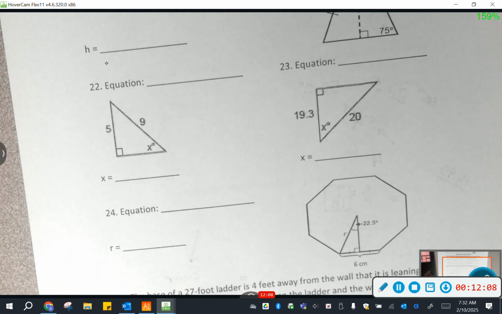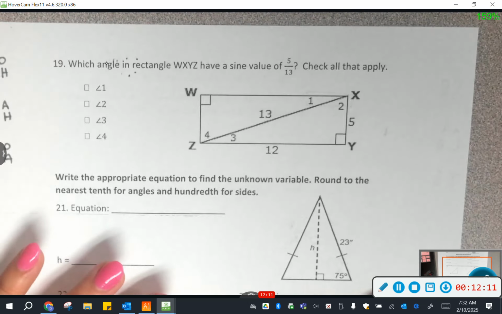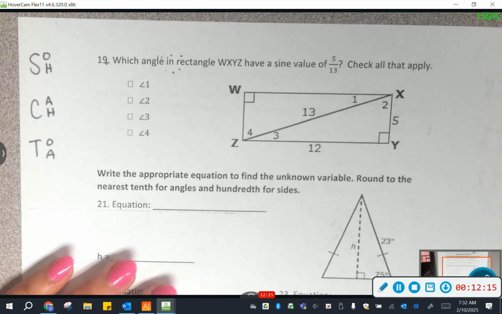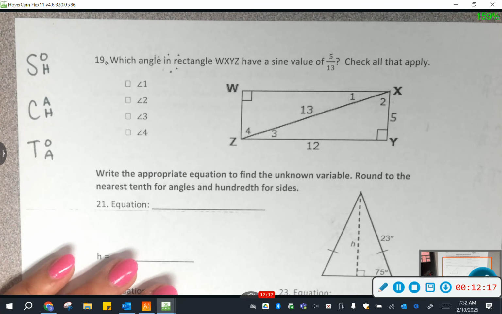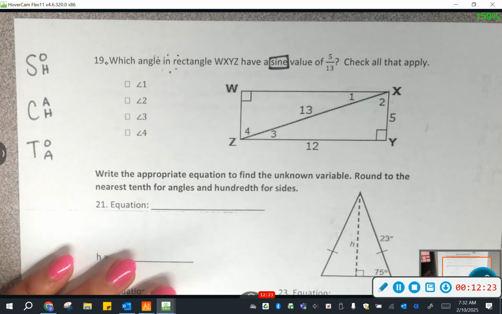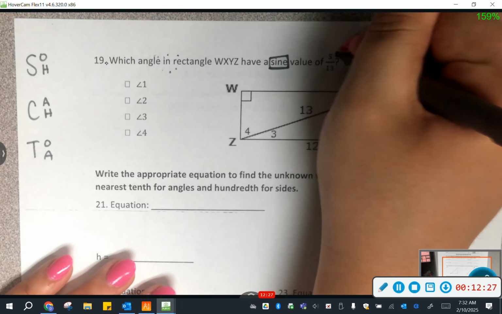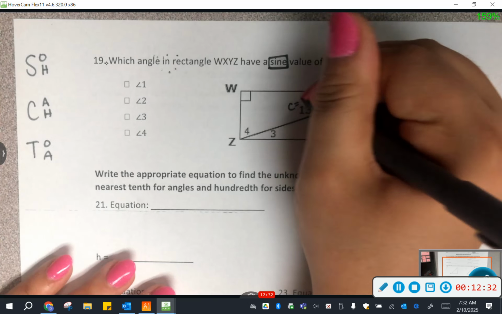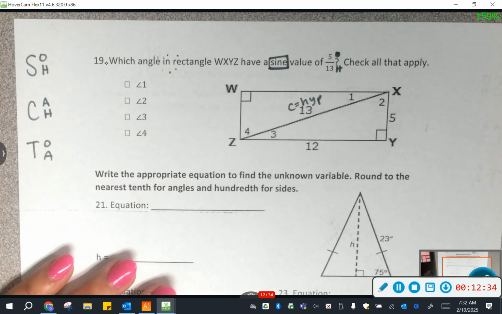Okay. For this one, what's the key word in this sentence on 19? Sine. Sine is what? O/H. So my 13 is my hypotenuse.